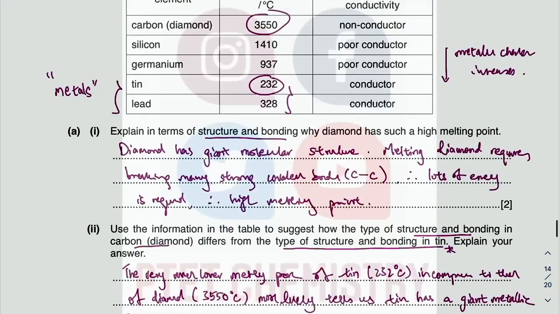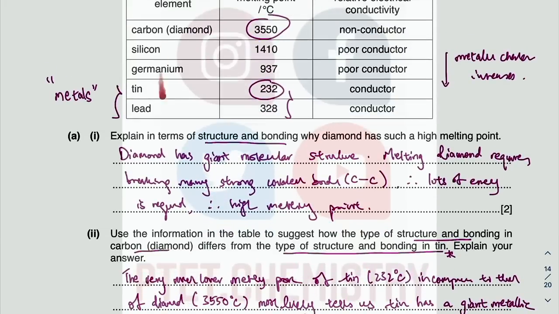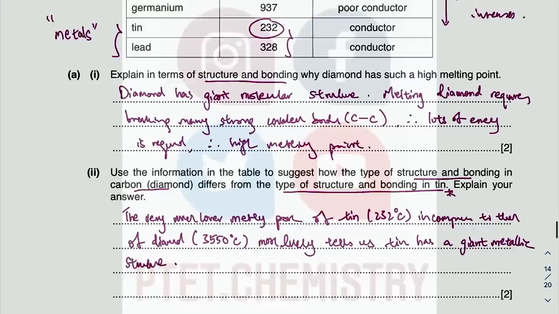Okay, so we know the metallic character of the metal itself increases down group 14. So if there is giant metallic structure, then we are talking about breaking only the metallic bonding.